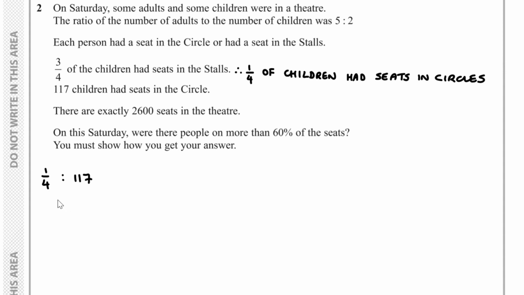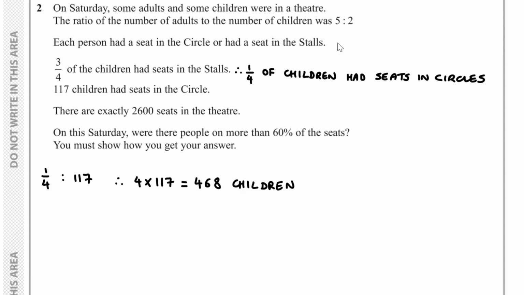So therefore, that tells us from here, if I multiply through by 4, you will find that we have 468 children. So we've got 468 children in total.